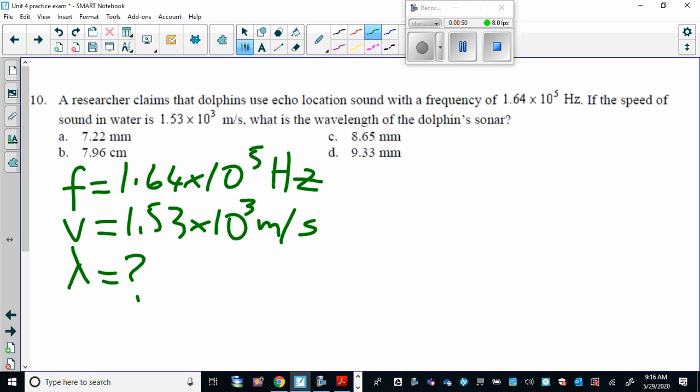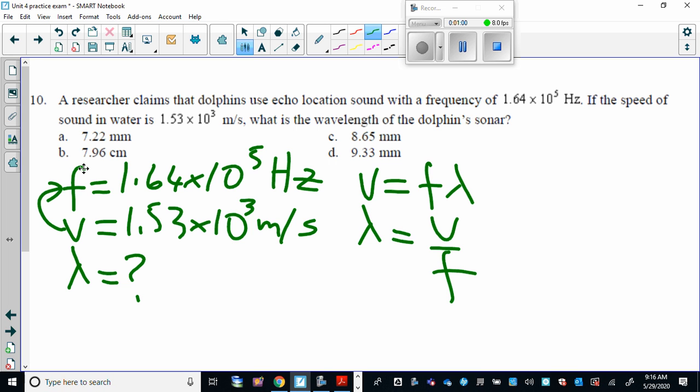So it's a universal wavelength question. The velocity divided by the frequency gives you your answer, which you'll get in meters, and then you can convert it to millimeters or centimeters, whatever the answer is, and it turns out to be D.